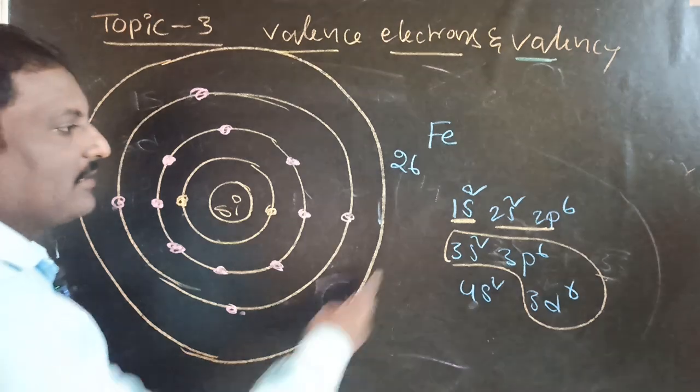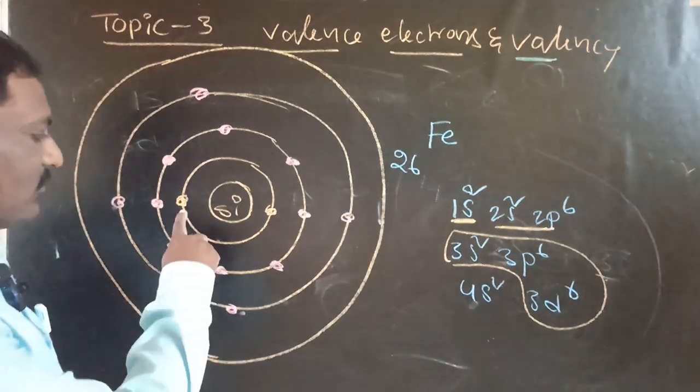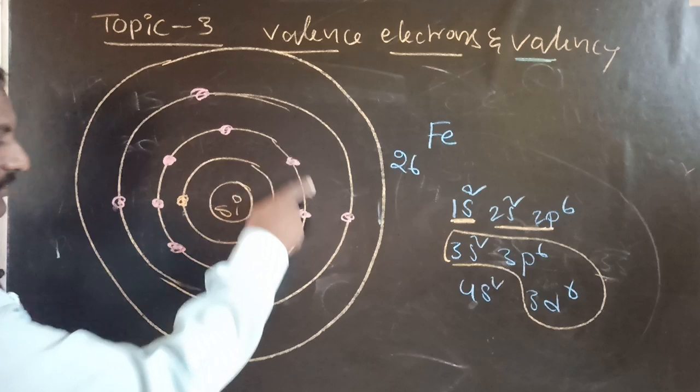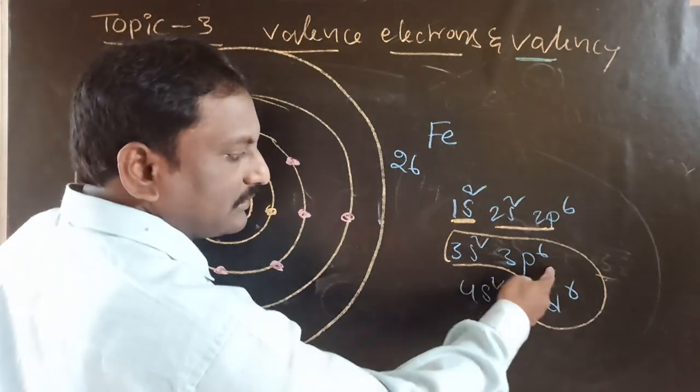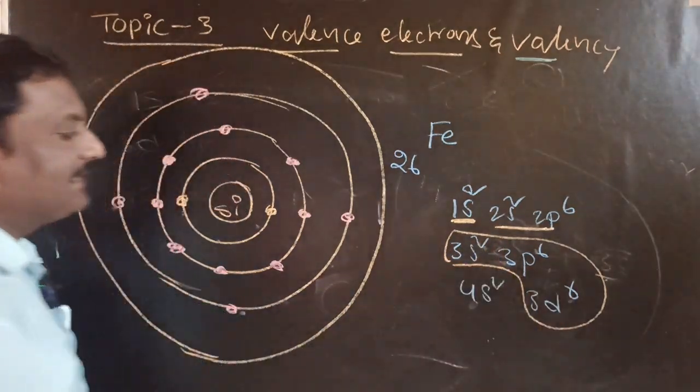Right? How many electrons in the first shell? 2 electrons. Second shell 8 electrons completed. Third shell: 12 plus 2, 14 electrons are there.